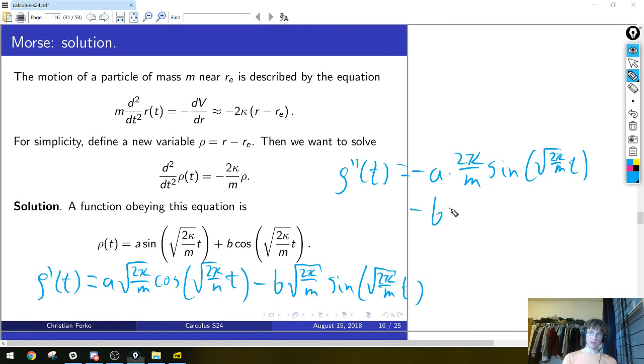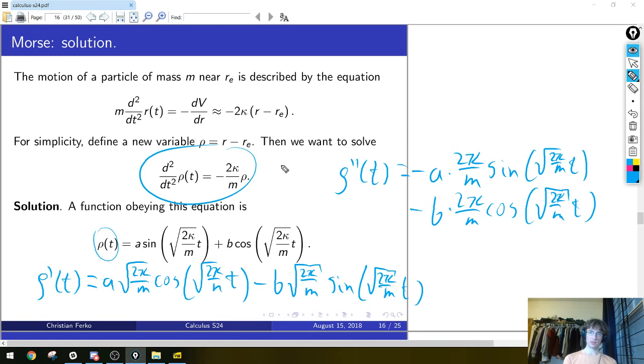And then again, minus b, you pull out another square root 2 kappa over m, so 2 kappa over m cosine of root 2 kappa over m t. So we've taken two derivatives, and by comparing this to the original expression, this is exactly minus 2 kappa over m times the original function. So we have found a function which satisfies the equation we wanted. It's any combination of sines and cosines.